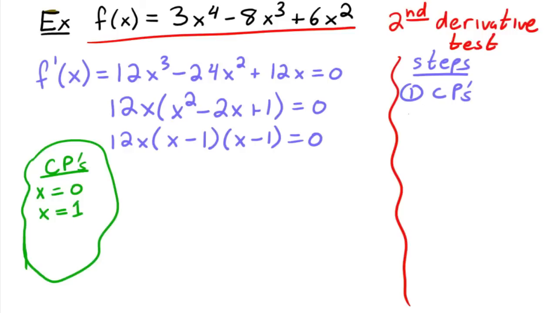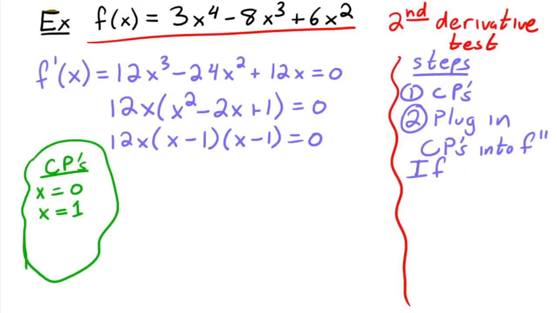Okay, so once we've found our critical points, we plug the critical points into the second derivative. So let's do a little if here. If the second derivative is positive, that means it's going to be concave up, which means it's a local minimum.